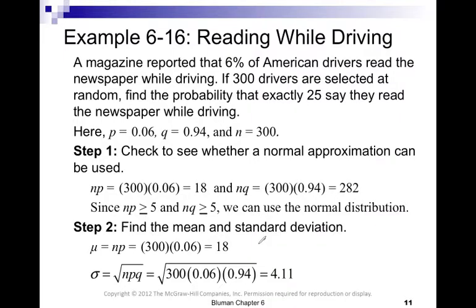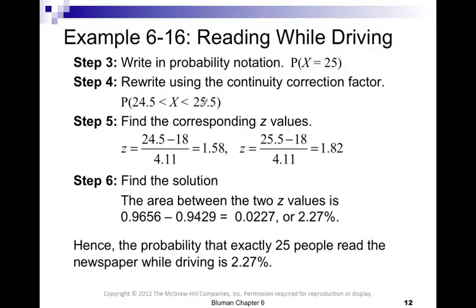Going on, we write the probability in probability notation. I already did that on the page before. Now we use the correction factor. Let's just draw a curve. Our mean is 18, so at the peak of our curve we have our mean, 18. So 25 is somewhere up in here. But remember it's equal, and we've got to surround that.